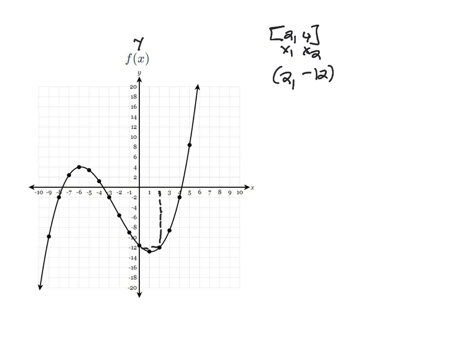And then when x is 4, we do the same thing. We go to 4 on the x-axis, and then we move across to the y-axis, and we'll see that the corresponding y value is negative 2.